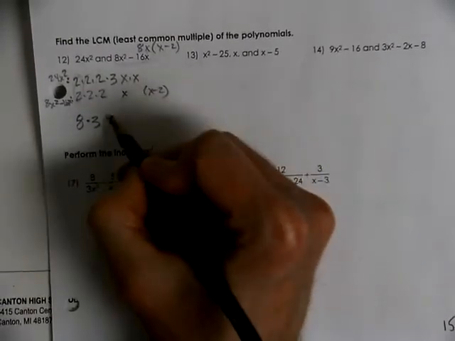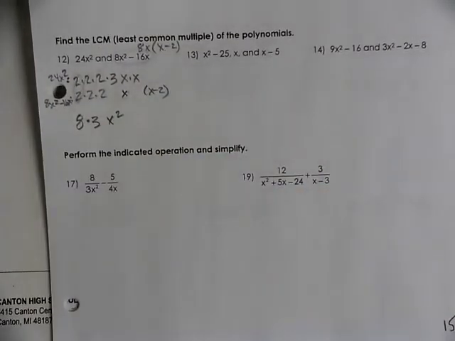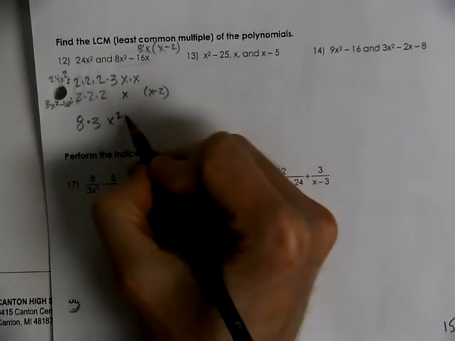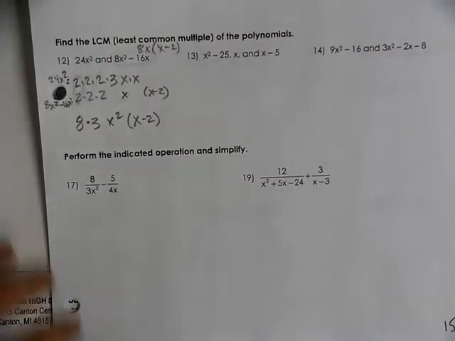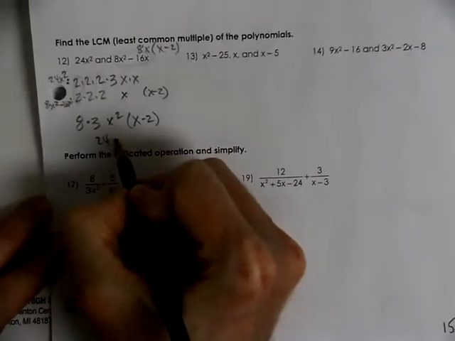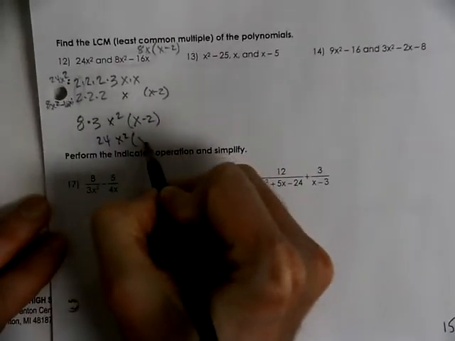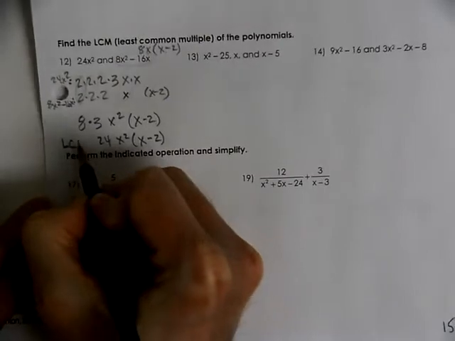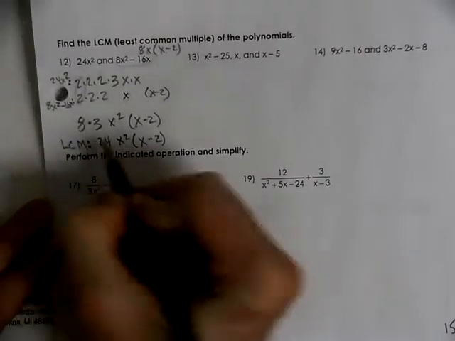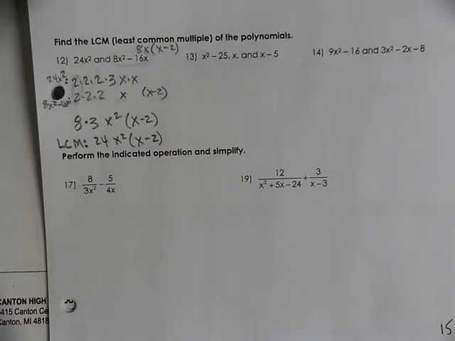One of them needs an x squared. So you've got to bring an x squared along. And then one of them needs an x minus 2. So 24 x squared times x minus 2 is my LCM. Least common multiple.